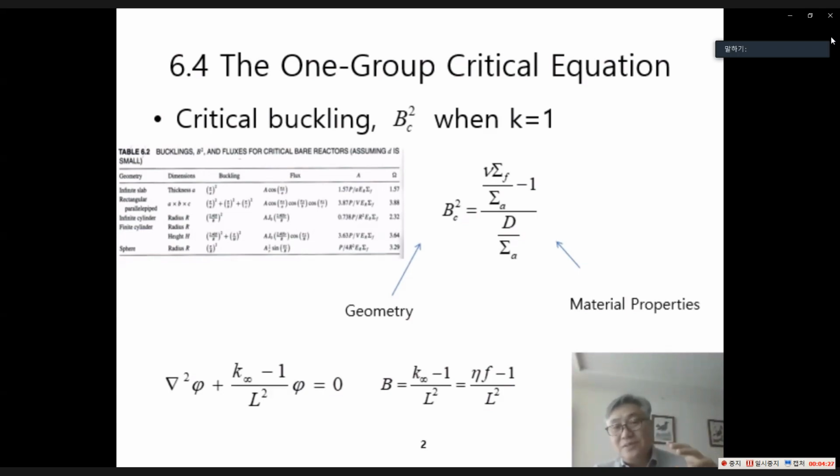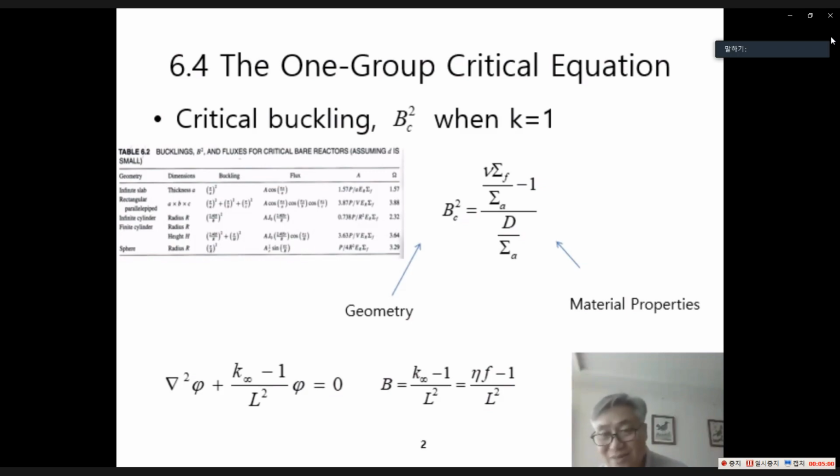So the number of neutrons is maintained. So the number of neutrons is the same regardless of time. We can say critical. If the number of neutrons is increasing, then we call it supercritical. And if the number of neutrons is decreasing, it is subcritical. So it is important to determine when it is critical. When the left-hand side and right-hand side are the same, then it is critical.